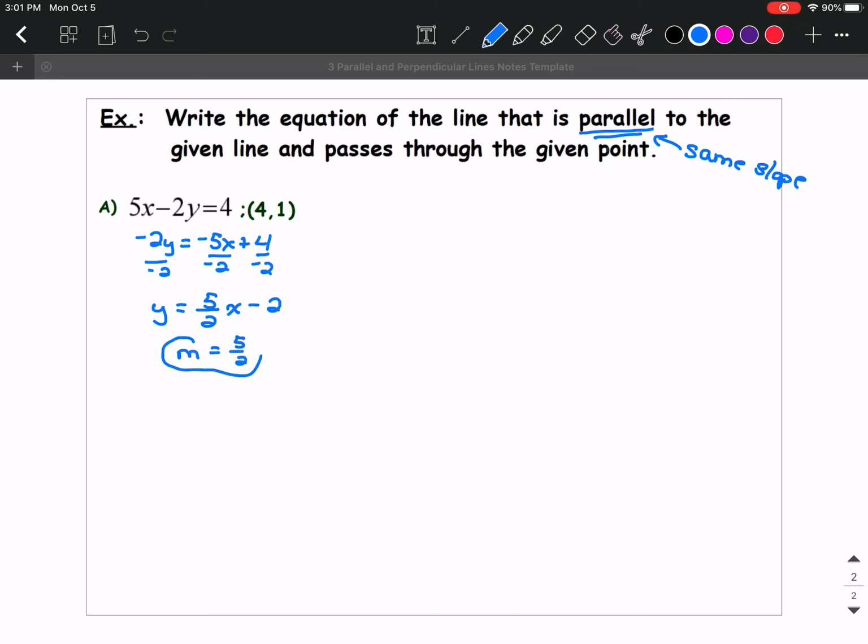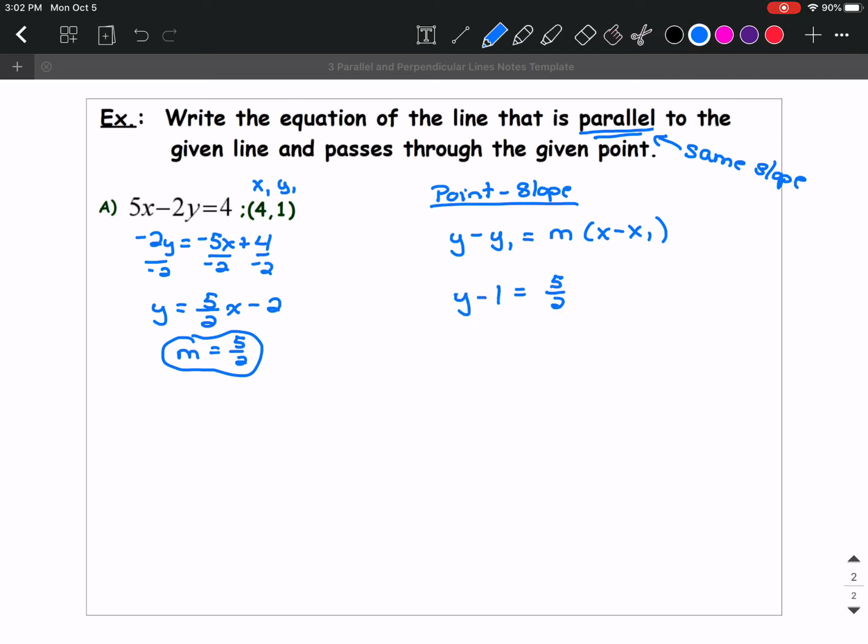And they gave us a point, x1 and y1, and if we're given a point and the slope, we use the point-slope form of the equation of a line. y minus y1 equals m times x minus x1. So it's y minus, the y value of the point is 1.